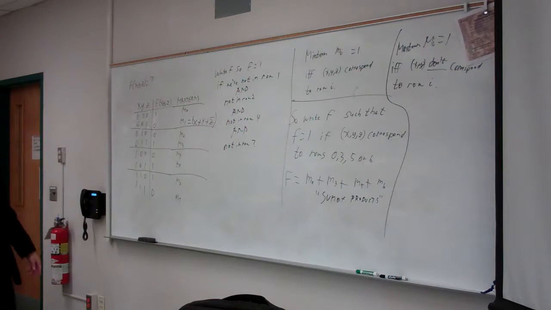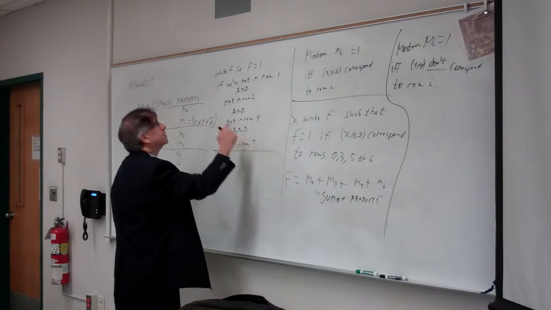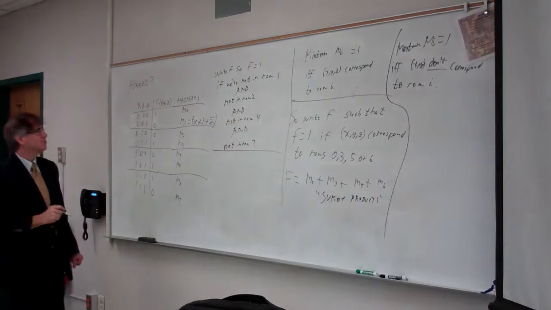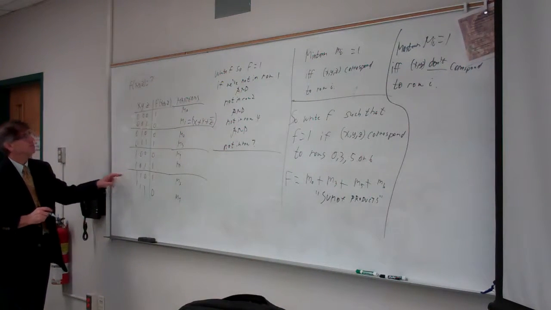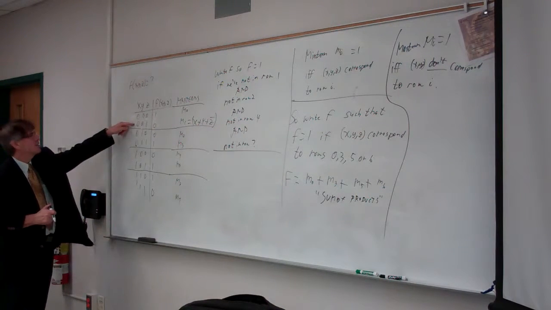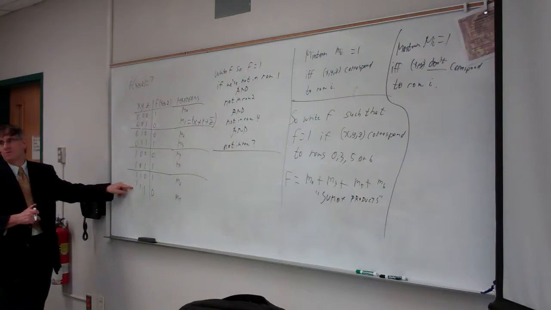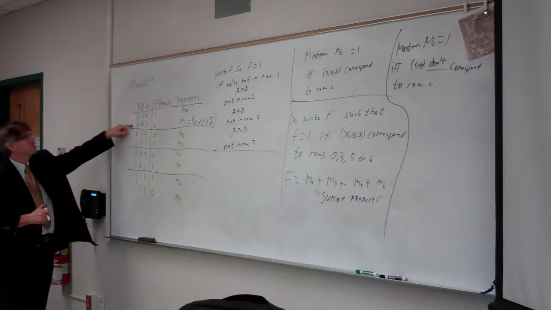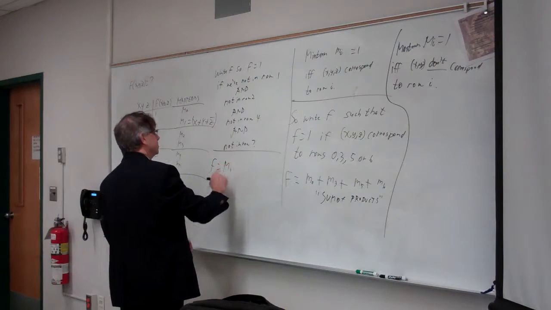Mi is equal to 1 if and only if x, y, z don't correspond to row i. So if we want to find a function that's equal to 1 in these cases, we want a function that's 1 when we're not in this row, and we're not in this row, and we're not in this row, and we're not in this row. Well, an expression that's true when we're not in this row is just M1.